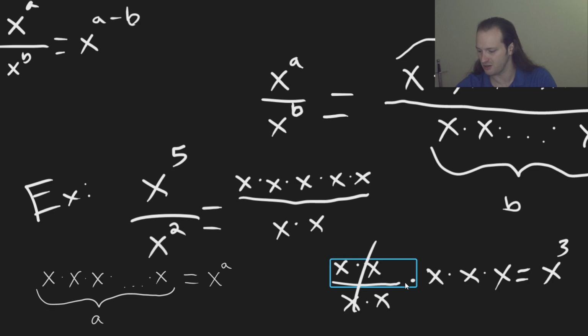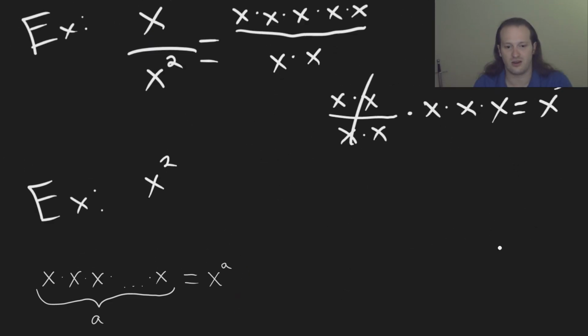Cool. I'm repeating myself. The astute among the viewers could quickly call me out and say, in this example, A was bigger than B. We were left with x to the 3rd, which is positive. But when we subtract, we could potentially get into the negatives even if both A and B were positive to start.